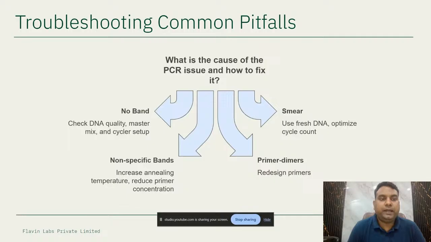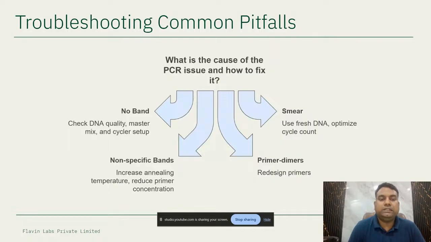If you get no band, then first you have to check the quality of your DNA and your master mix, whether they were stored at the optimum temperature of -20, whether they are fresh or not very old or expired. And then we check the cycler setup. Sometimes a mishap happens in our machine, so it couldn't work properly. So mostly if there is no band present, we check all this.